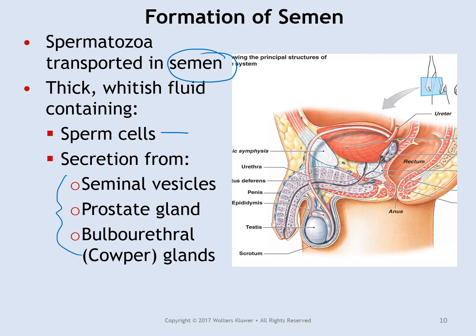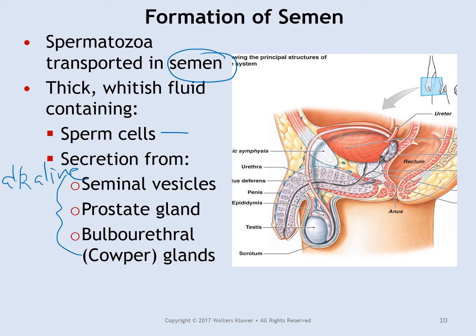The seminal vesicles are going to help clean out that urethra. They make a fairly alkaline secretion that will neutralize any acid that's still left behind in the urethra.